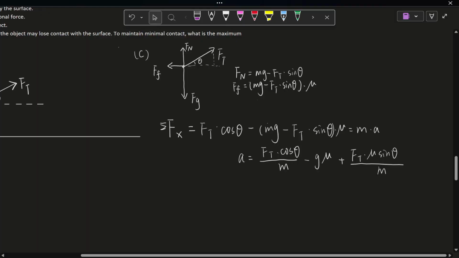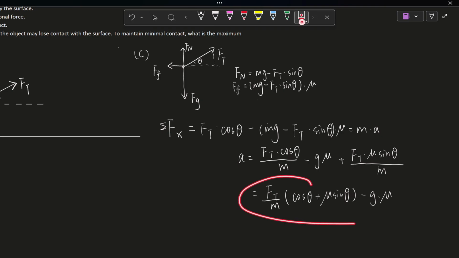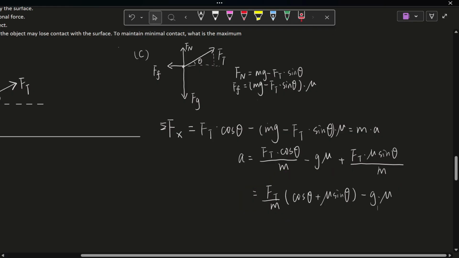After simplifying it, I love simplifying equations because they look much better, we get Ft over m times (cosine theta plus mu sine theta) minus g times mu. And this is your answer for the C part.